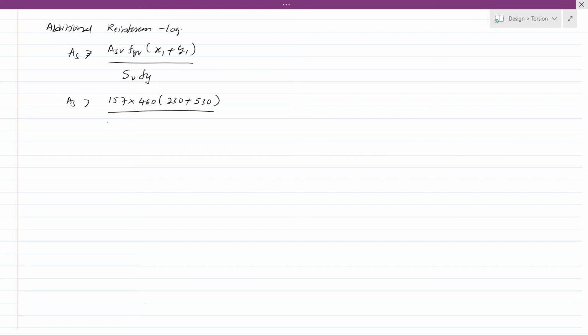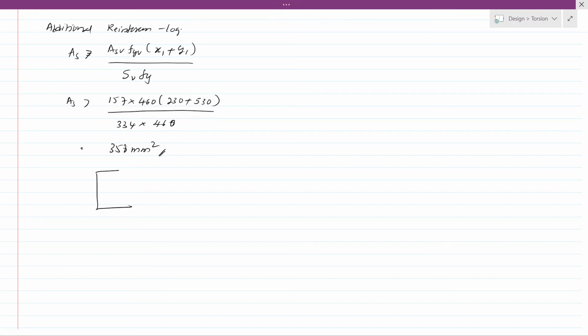Then Sv, the spacing of the bar for the torsional requirement, we have already calculated, 334, into fy, that is 460. From this we can find As as 358 millimeter square.